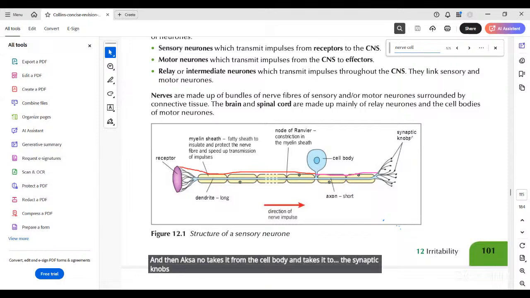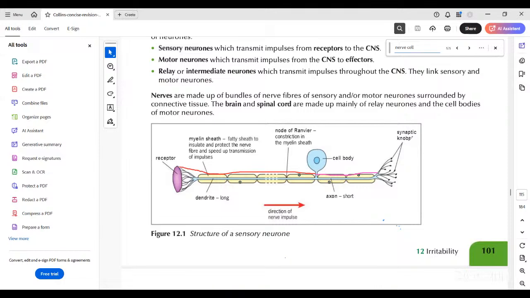That would be another nerve cell. You understand that? Yes, sir. So one takes it to the cell body and one takes it away from the cell body.